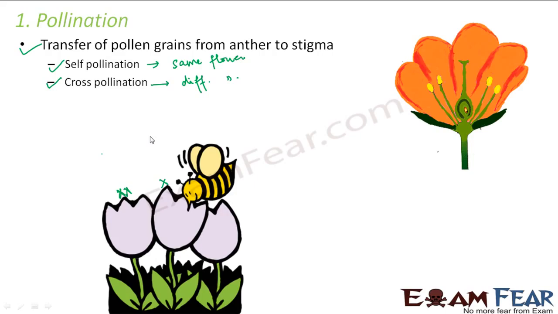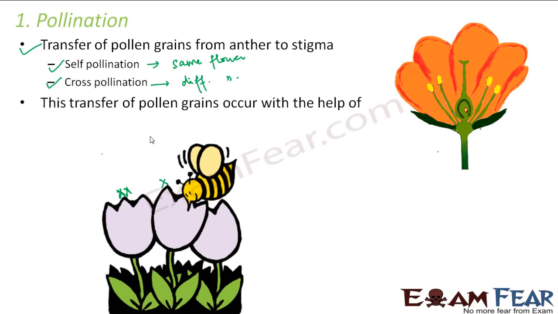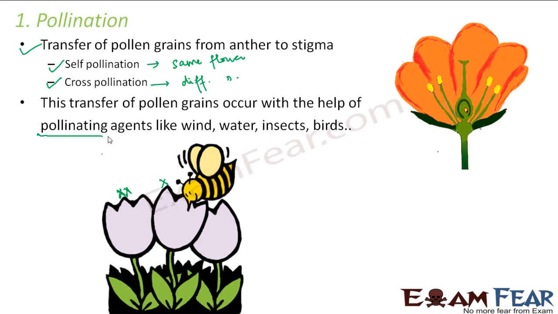Now the question is, how will this transfer take place? How will the pollen grains be carried from anther to the stigma? Who will carry the pollen grains? This transfer takes place with the help of pollinating agents like wind, water, insects and birds. So now you understand why insects are so important for flowers.